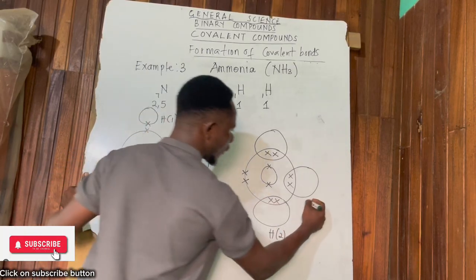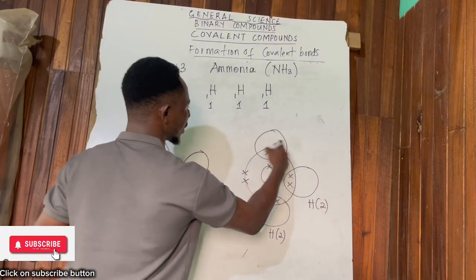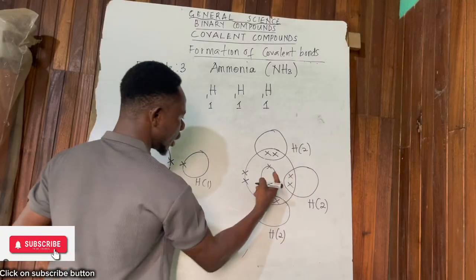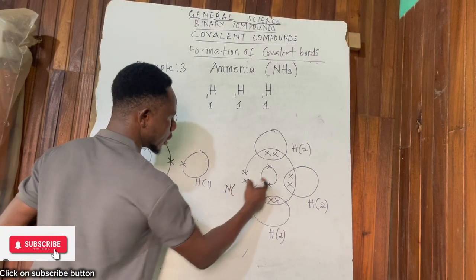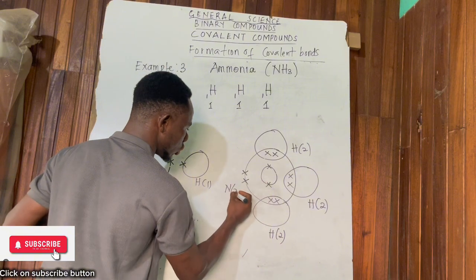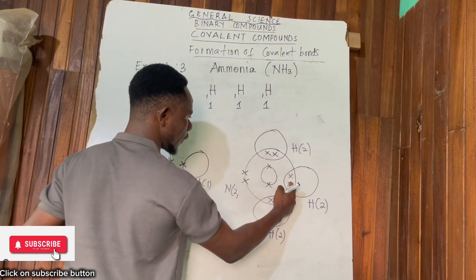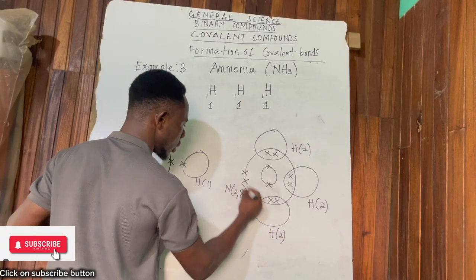For this hydrogen, we are going to get H2. For this hydrogen, we are going to get H2 for here. And for this nitrogen, how many is this? 2. Then we count 1, 2, 3, 4, 5, 6, 7, 8. So 2, 8 like this.